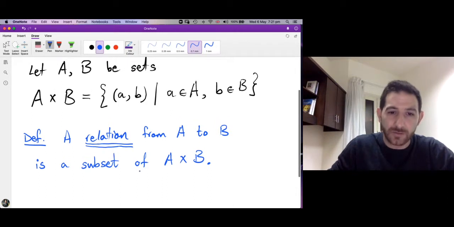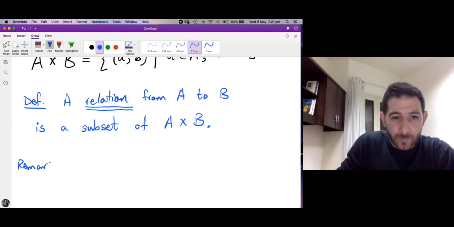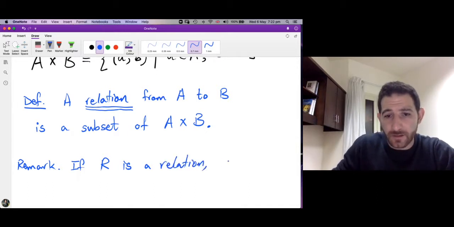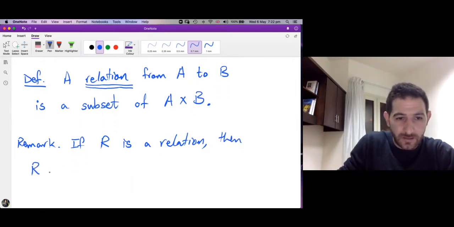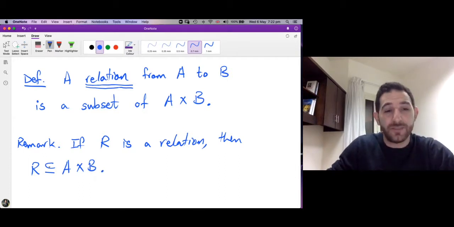So let's think, what do we mean by this? So remark. So if, say, R is a relation, okay, from A to B, then we can say that R, using the symbols, I just want to rewrite what I said above, is a subset of A cross B. Any subset. So the empty set, since the empty set is a subset of A cross B, then the empty set is a relation.